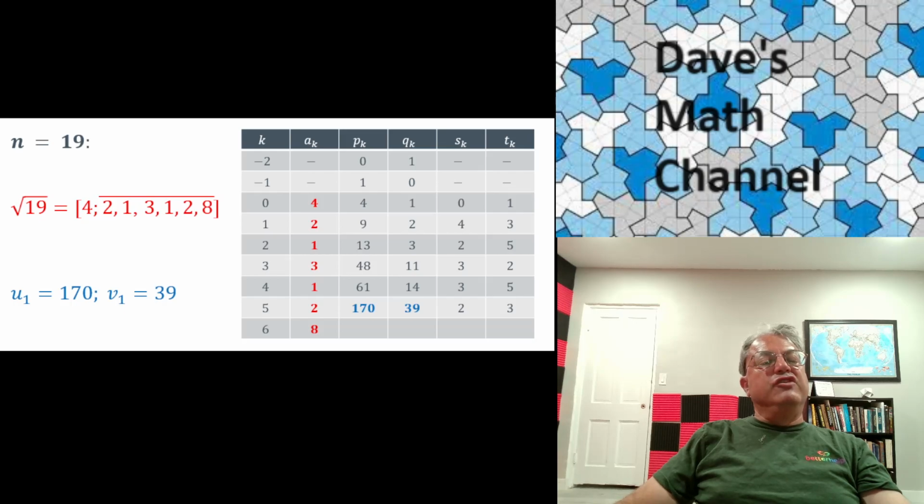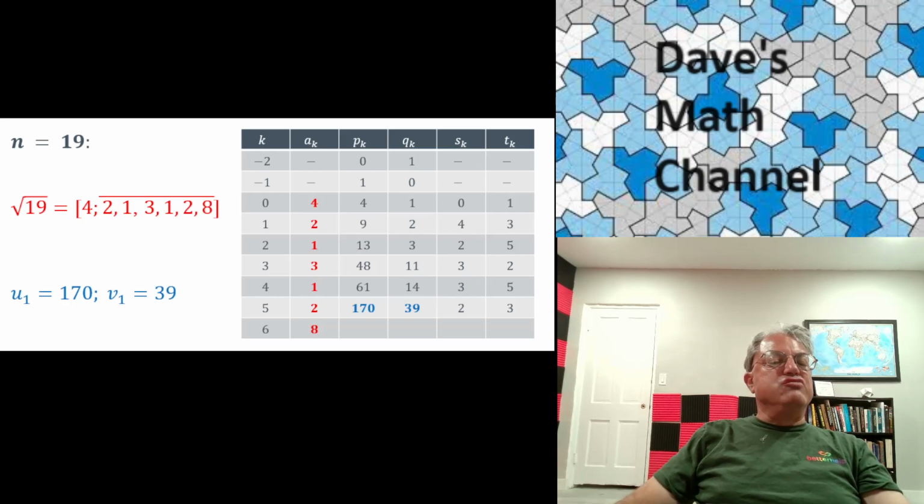And if you calculate the fundamental solution to the modified Pell's equation in this case, you're going to get U1 equals 170 and V1 equals 39. And it turns out 170 over 39 is already a very good approximation to the square root of 19. And you can check for yourself that 170 squared minus 19 times 39 squared is 1. In this case, I believe it is plus 1.